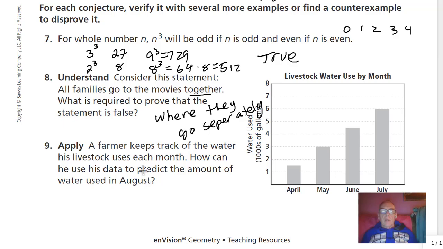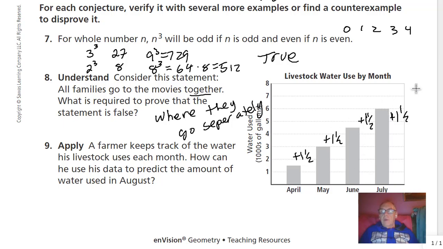Let's look at number 9. A farmer keeps track of the water his livestock uses each month. How can he use his data to predict the amount of water used in August? Well, let's look at the differences here. This seems to be a jump from 1.5 to 3. From 3 to 4.5, another jump of 1.5. Another jump of 1.5. And I would predict, based on the pattern, there's going to be another jump of 1.5.